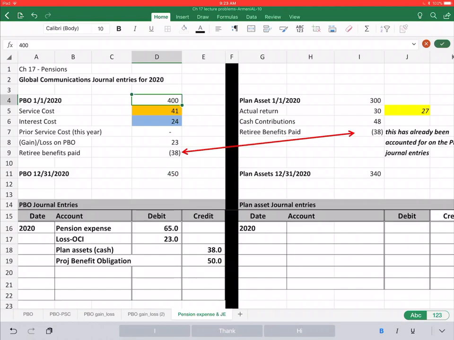We went from 400 million to 450 million when we did that quick calculation of adding and subtracting all the items together. And then we see that $50 million play out in our journal entry as well. So here is how we can account for the entire body of individuals that have a defined benefit plan, how the liability has changed for all of those individuals together. We can account for it in this way by looking at each item and then accounting for it in our journal entry.